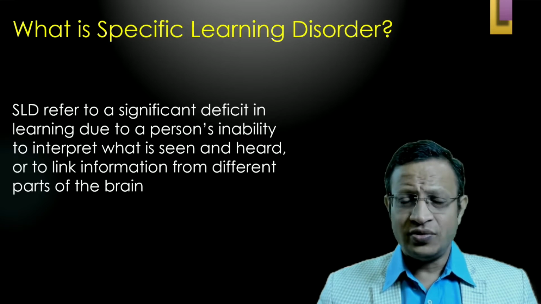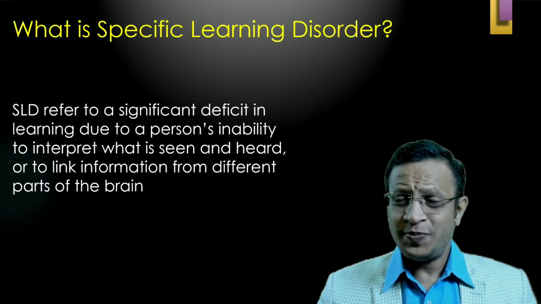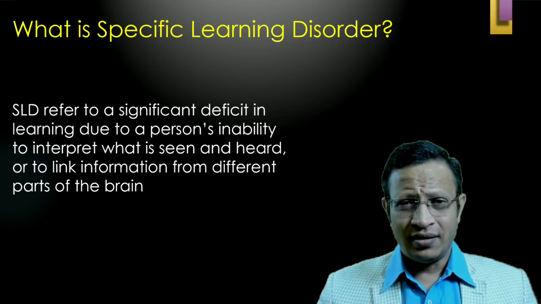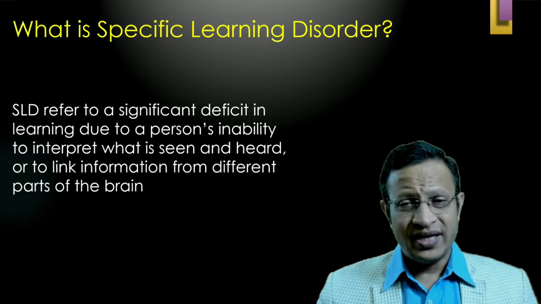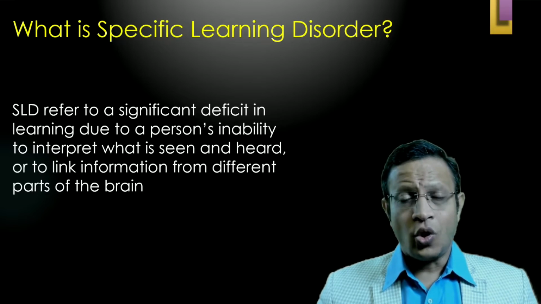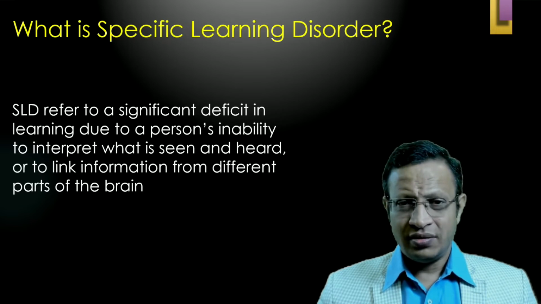This is the hypothesis which has been put forward specifically for specific learning disorder. Here, they have difficulty to perceive what they see, to comprehend what they hear, to link the information, and coordinate that information in the brain.